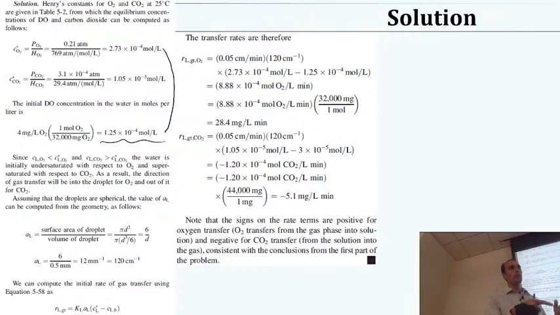That's the direction of the flux, and that's what they describe here: C_L of O2 is less than C star of O2. Then we can take a look at how the CO2 turns out. Let me draw this a little clearer.